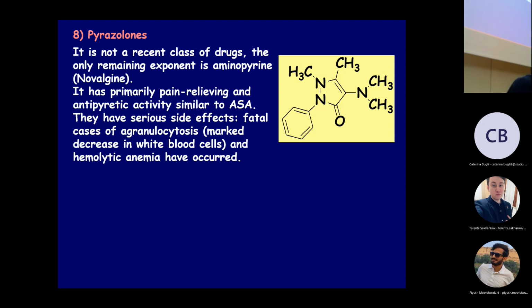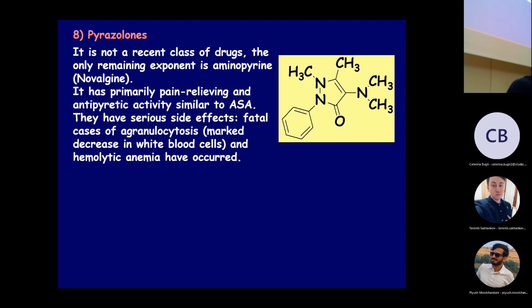This compound was used in tons during the 70s and 80s, especially to control the body temperature and also against a strong headache.